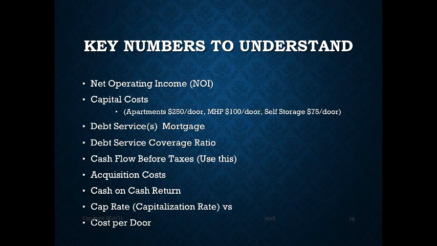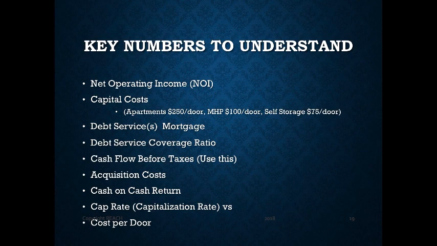They will show you on their property packages or their offering memos what the other properties are that have sold in the area, how much each of those sold for, how many units it was, and what the cost per door was. So property A sold for $40,000 a door, property B sold for $38,000, property C sold for $42,000, and they are asking you to pay $40,000, and they're telling you that's a good comparison.